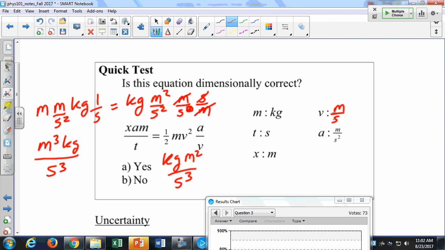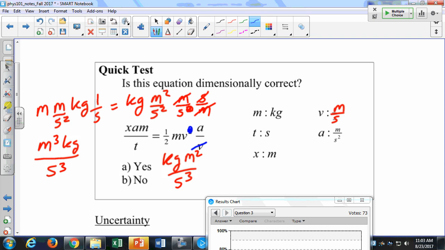My meters are wrong. However, there is an easier way to do this. Let me show you. I can just take a look at this equation right off the bat and simplify it without actually putting in the variables. What are some things that I can cancel out? I can cancel out a v, right? I can get rid of this v because I have v squared over v. I can get rid of something else as well.